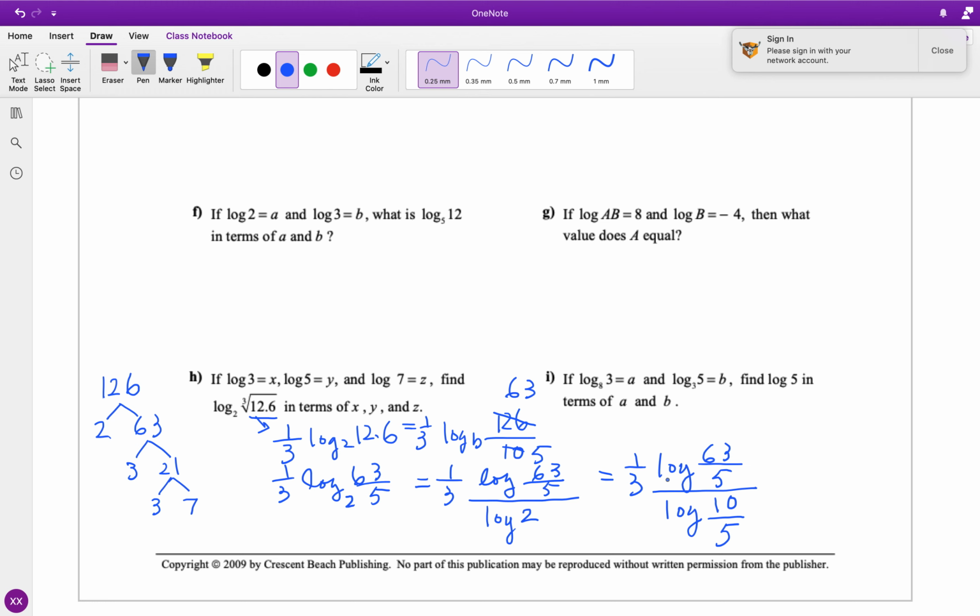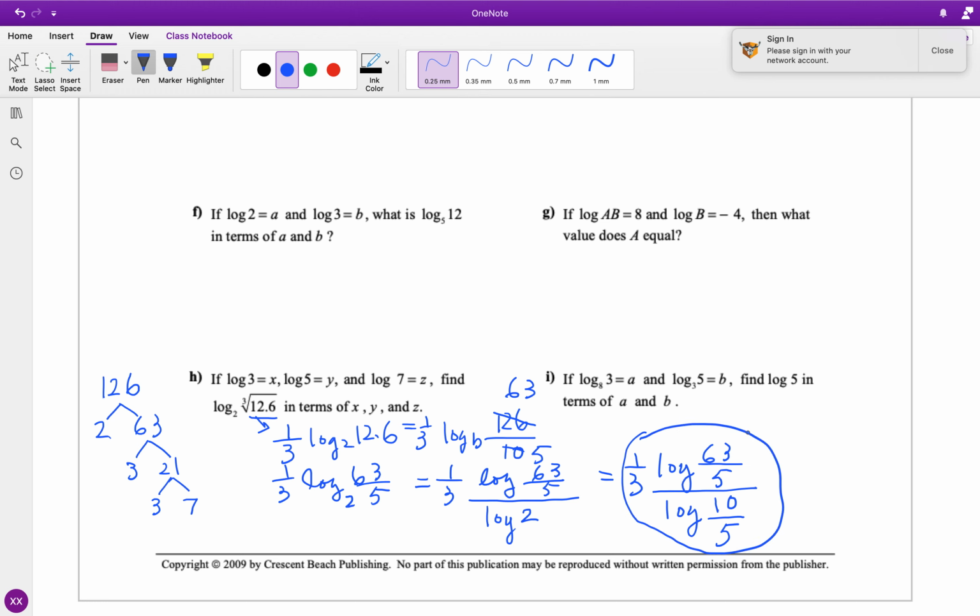So from here you get log 63 subtract log 5. And log 63 is 3 squared multiplied by 7, and then here you've got subtract log 5. So from here, you can express every single thing by log 3, log 5, and log 7. I just feel it's too tedious to do this one.